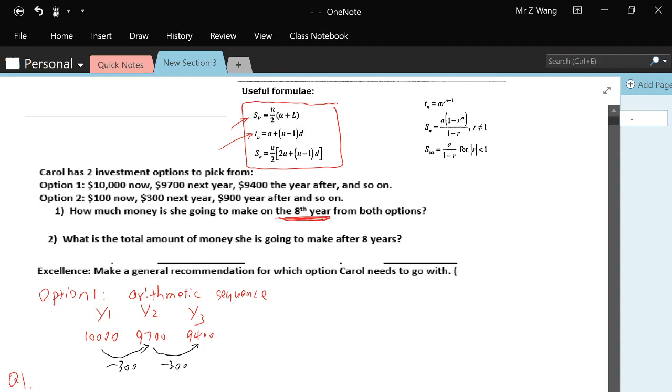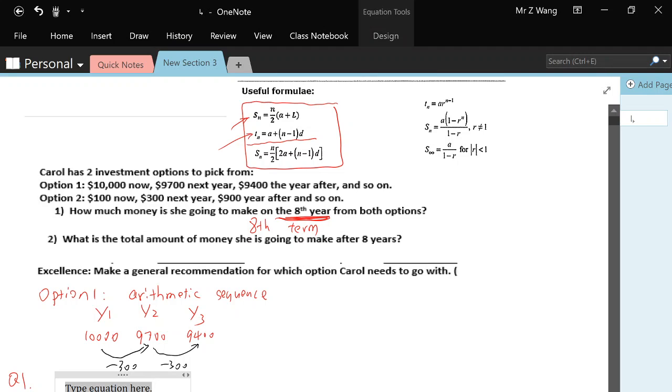On a particular year, this is a term question. So we're figuring out the 8th term. We need to use this formula. I hope you still remember what A is, what N is, what D is. So we just apply the formula.